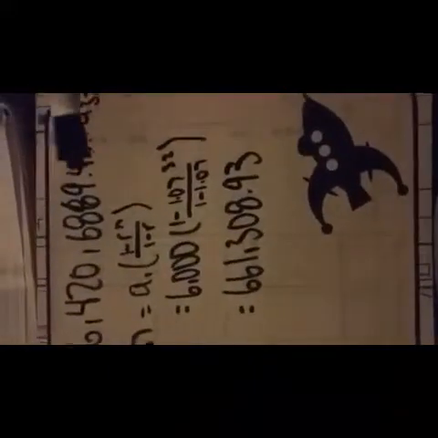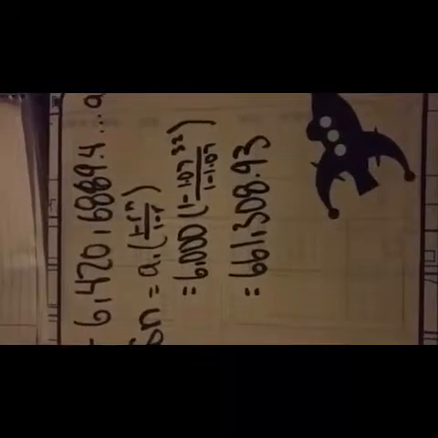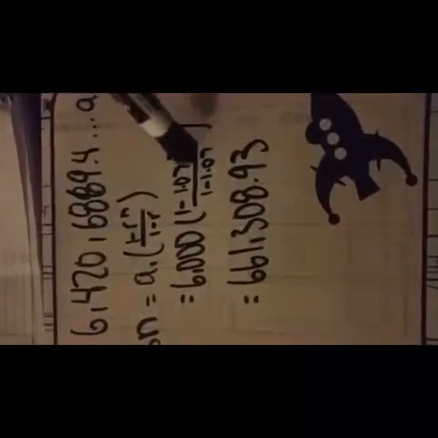Now, instead of figuring all this out, there's a simple equation, which is our geometric series. This will help us figure out how much money we would have after the 32nd year. So once you input the numbers, your a1, your first number, your 1 minus your r, which is 0.07.